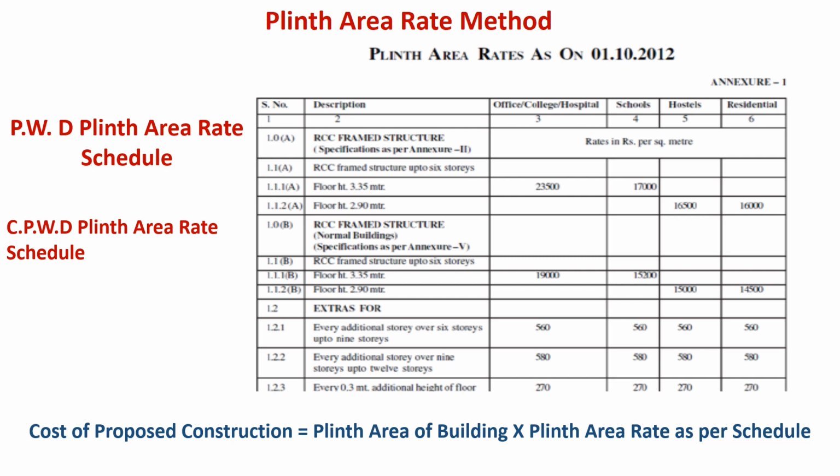So we can calculate the cost of the proposed construction by multiplying the proposed plinth area of the building by the plinth area rate as per the schedule. So these are the methods for finding out the prevailing rates and calculating the approximate estimate for the construction of the proposed building.